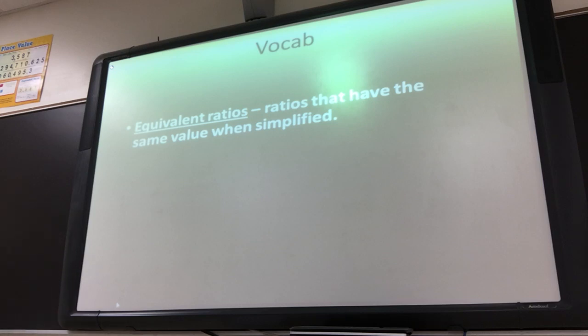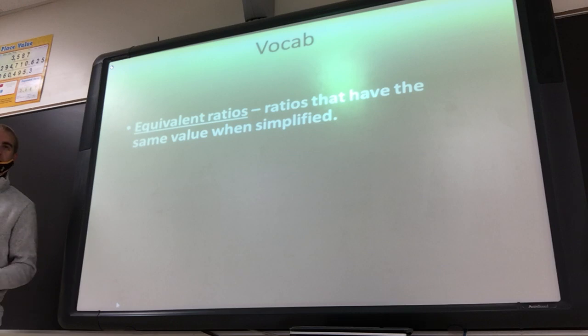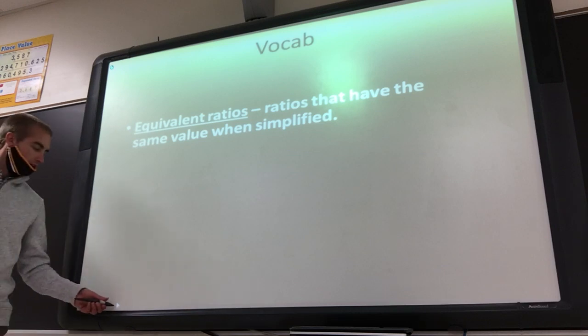Equivalent ratios, equal ratios is another way to think about that. It means when you simplify them, you get the same thing. And so notice that proportional, it all kind of goes together. It's all looking at different ratios and seeing if it's going to be the same whenever you simplify.